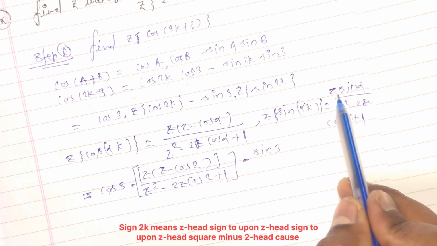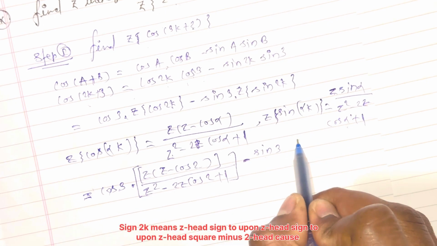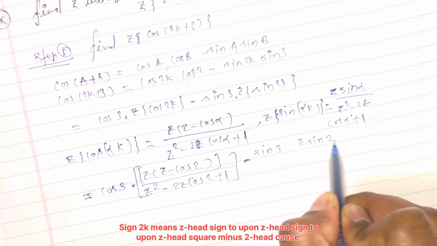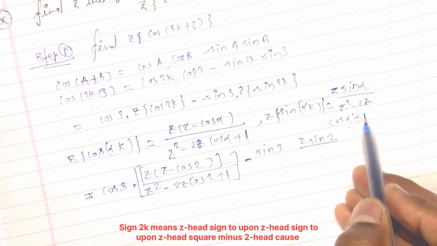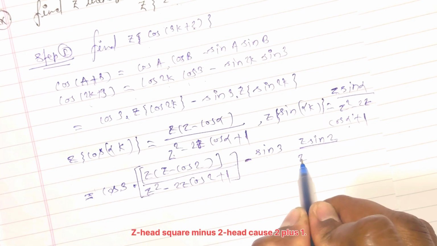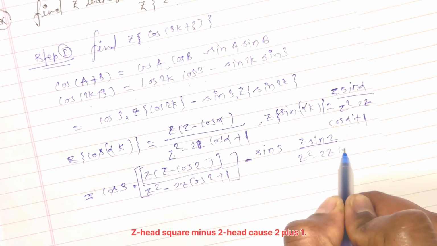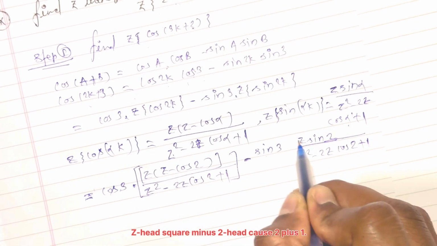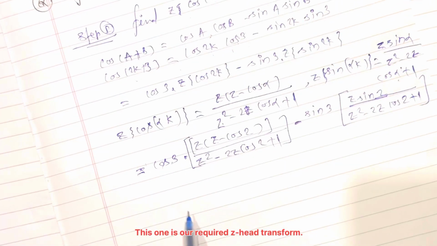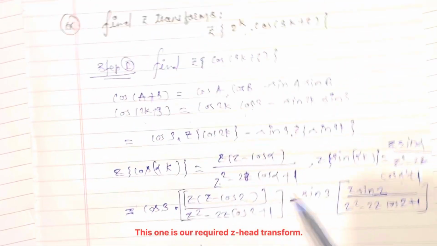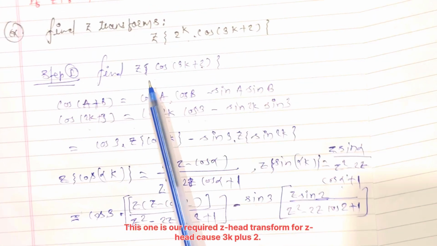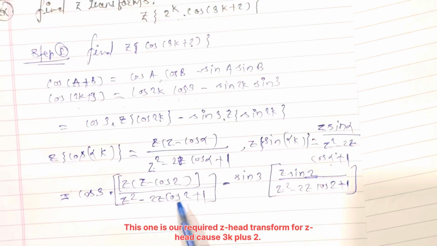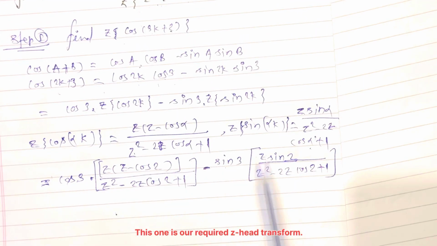Sin 2k means z sin 2 upon z square minus 2z cos 2 plus 1. This one is our required z transform for cos 3k plus 2.